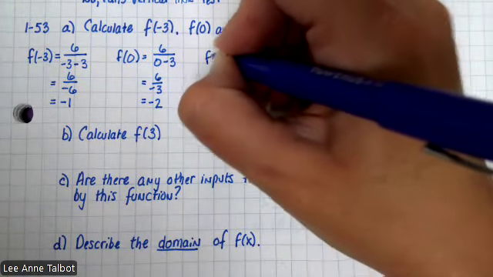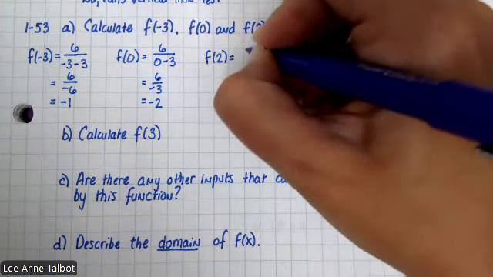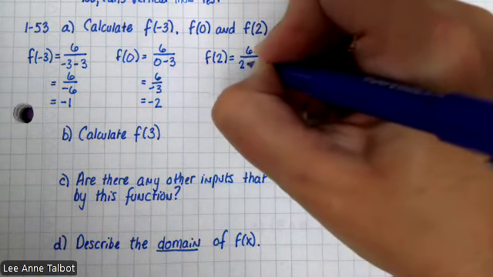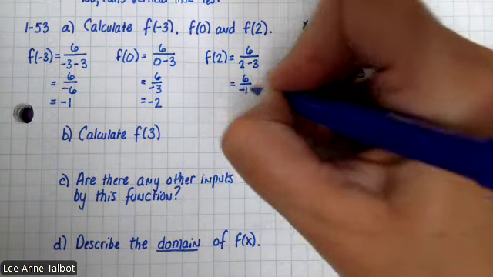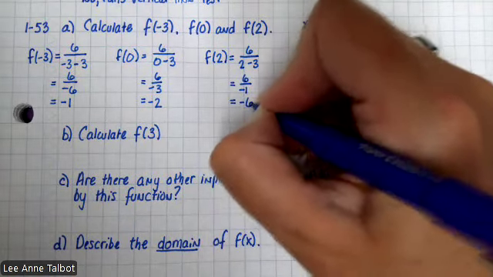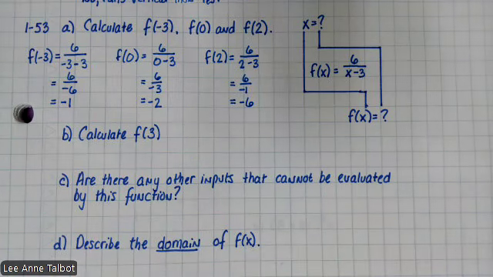Now I'm going to put 2 in for x. And I got -6. Any questions about A? Everybody okay with my plugging in of x? Do you see what I did?